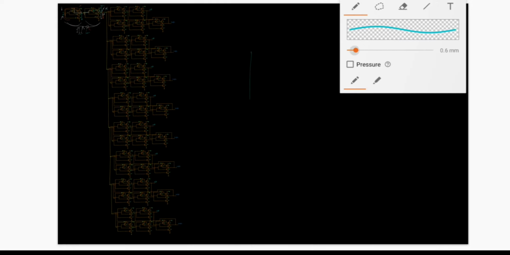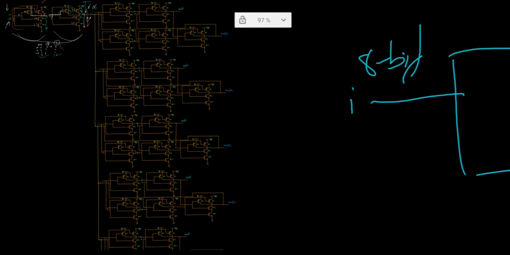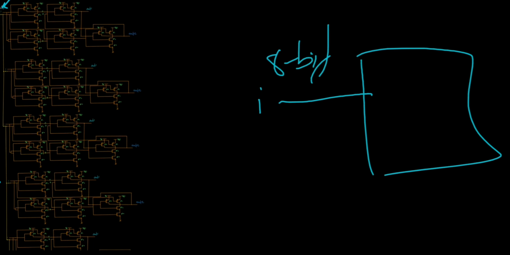Let me just maximize this and say that I have an 8-bit register. I have an 8-bit input, or I, where we have one bit I at each of the blocks here: I number 0, number 1, number 2, number 3 to number 7, which would be the 8 bits of our register.